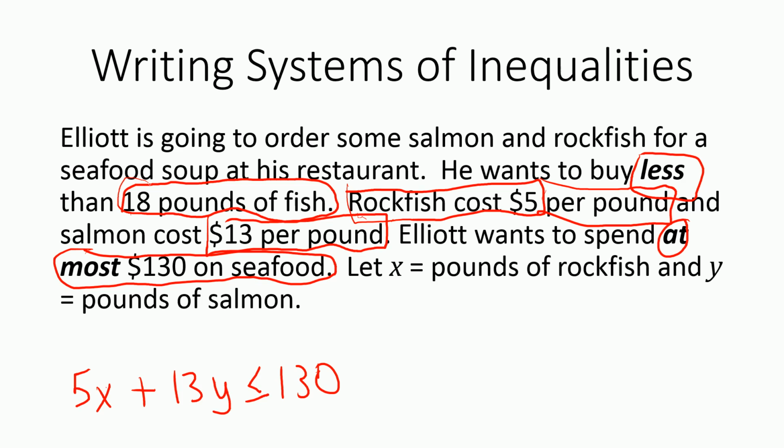The other one is really contained all in here. We say he wants to buy less than 18 pounds of fish. And when he uses just the word fish, that tells me that it's both rockfish and salmon, because those are both fish. And so it's really simply adding the 2 amounts of fish, pounds of rockfish plus pounds of salmon.